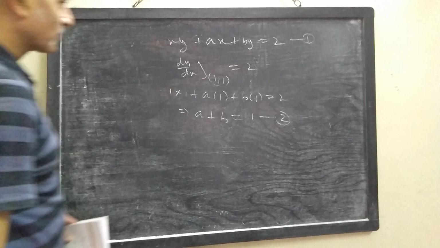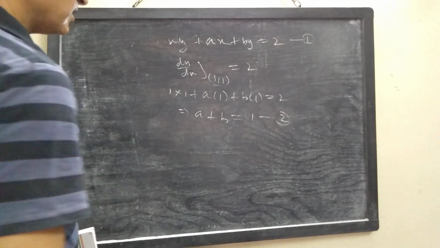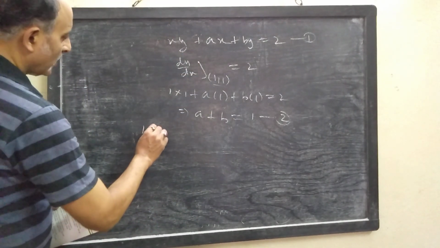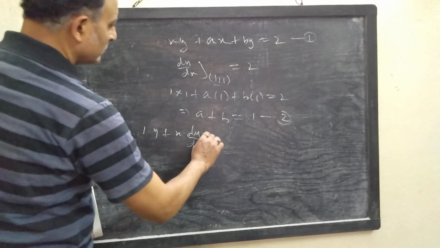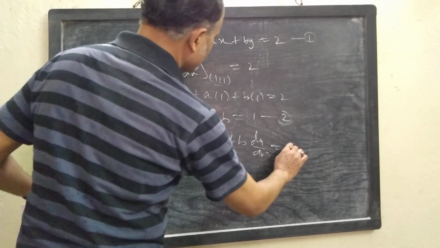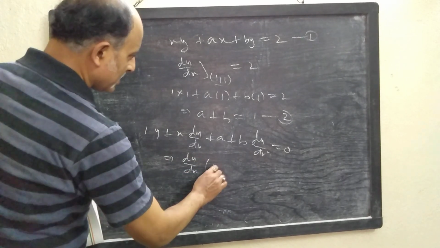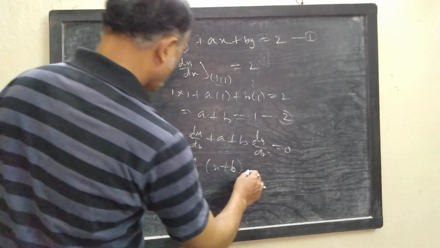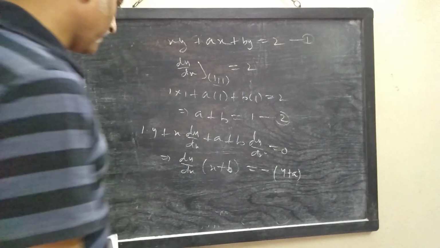Equation number 2. Now differentiate both sides. Differentiating both sides of 1 with respect to x, we get 1 into y plus x into dy/dx plus a plus b into dy/dx equals 0. That implies dy/dx into x plus b is equal to minus of y plus a.